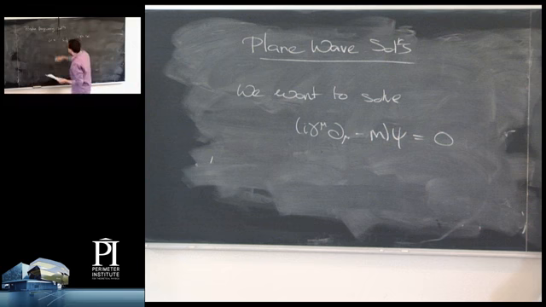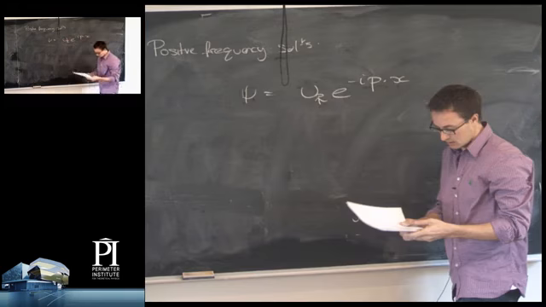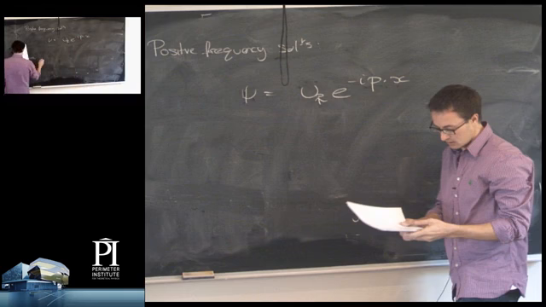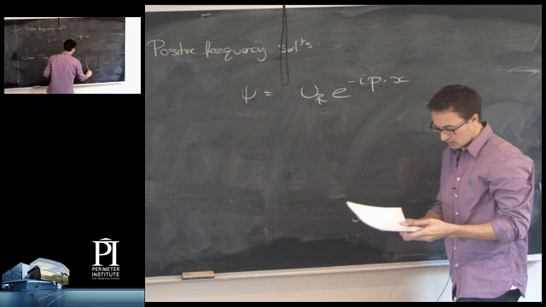Let me look for solutions which are of the form e to the i p dot x, where this is a particular fixed four-spinor, which is going to depend on which p I'm looking at. Okay? So the solution to the Dirac equation with this ansatz is the following.